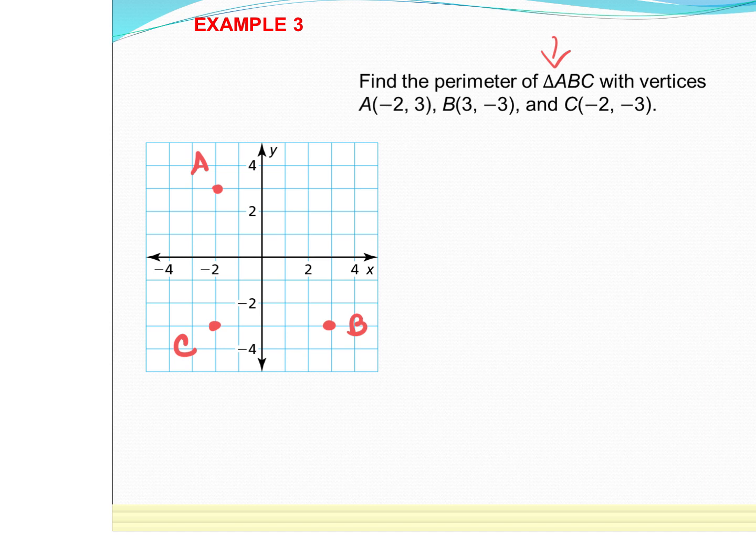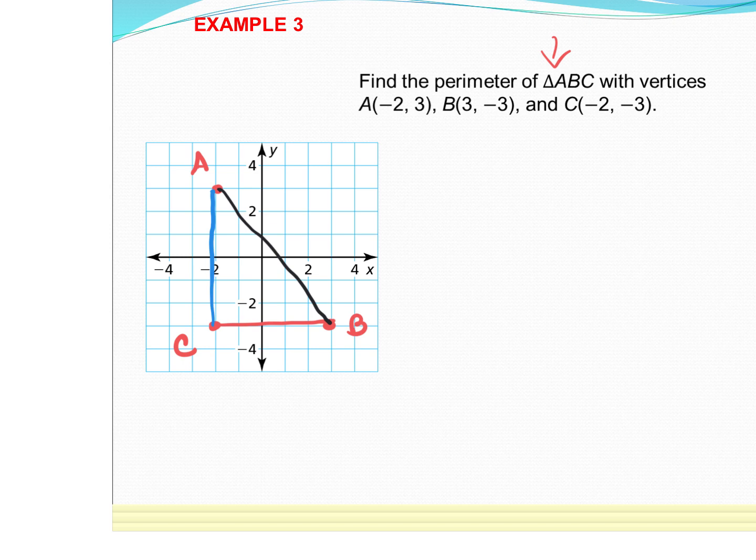I'm now going to connect the points to form my triangle. So I have side BC here, side AC, and lastly, side AB. So remember, what we need to do here is find the length of all 3 sides and then add them together, and that will give us the perimeter.